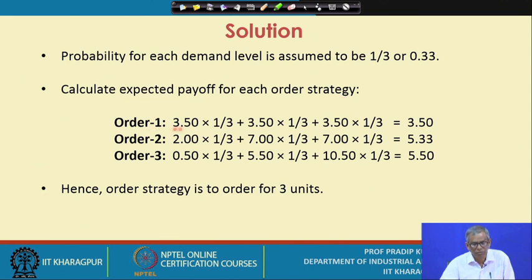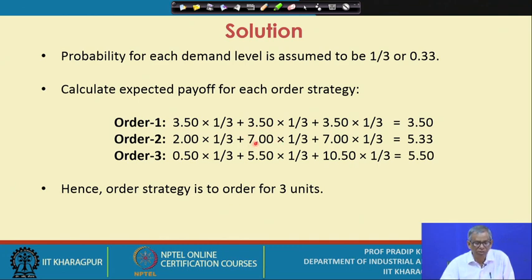For order 1, obviously you say 3.5 into 1/3 plus 3.5 into 1/3 plus 3.5 into 1/3, typical calculations we do for determining the expected payoff. So it is 3.5. Similarly for order 2, the return is 2.00 when the demand level is 1 and the corresponding probability is 1/3.